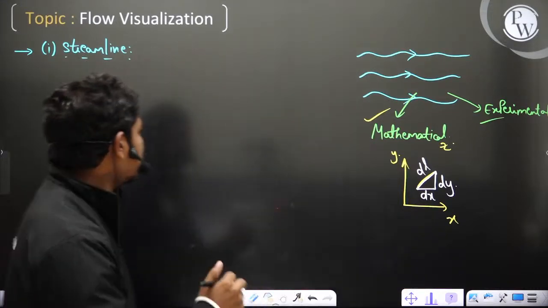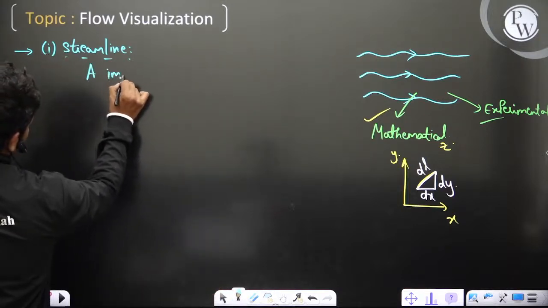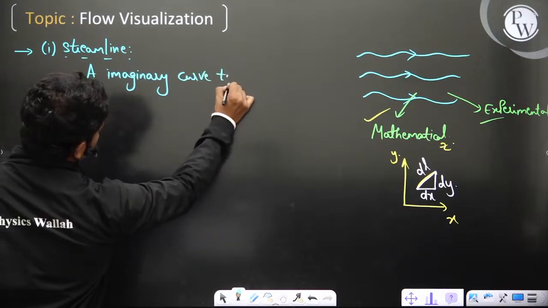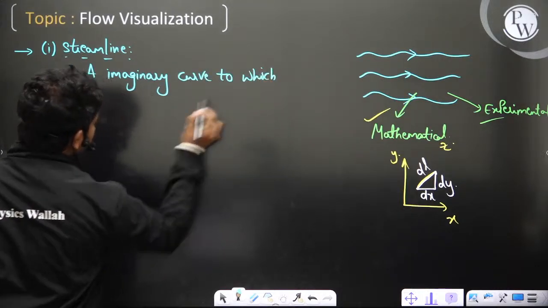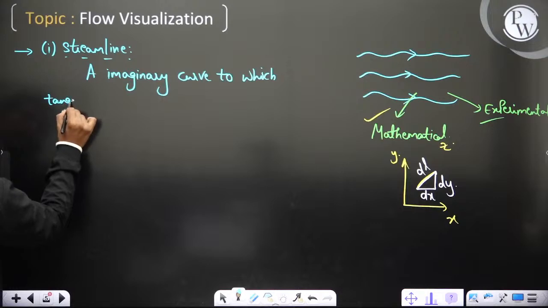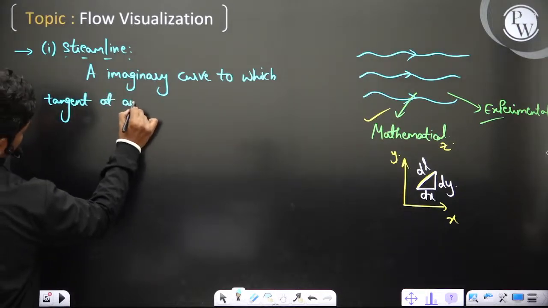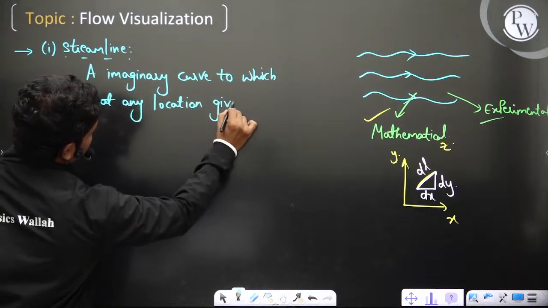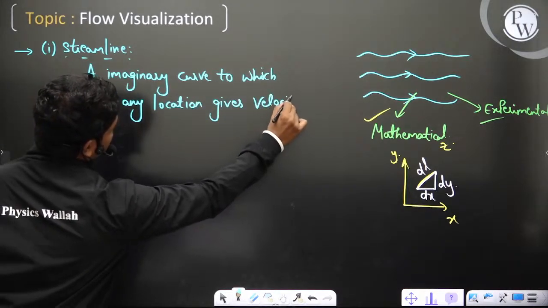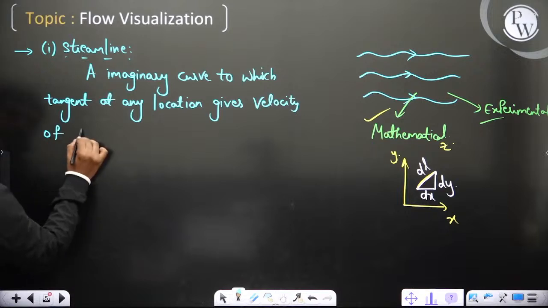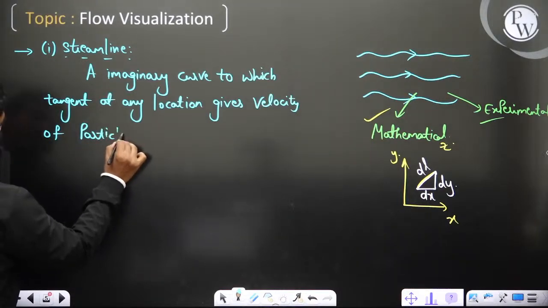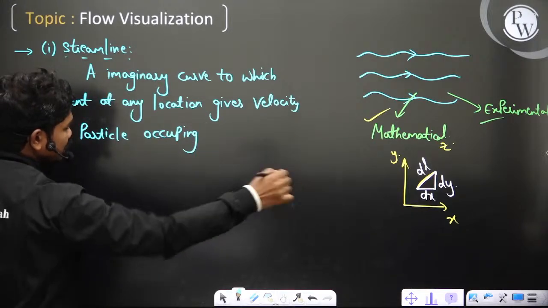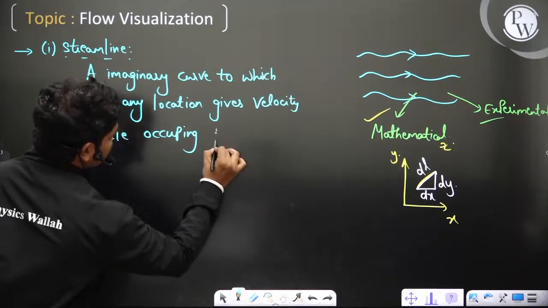So see here, a streamline is an imaginary curve to which the tangent at any point gives the velocity of the particle occupying that point, because in a flow every particle will occupy a particular position.